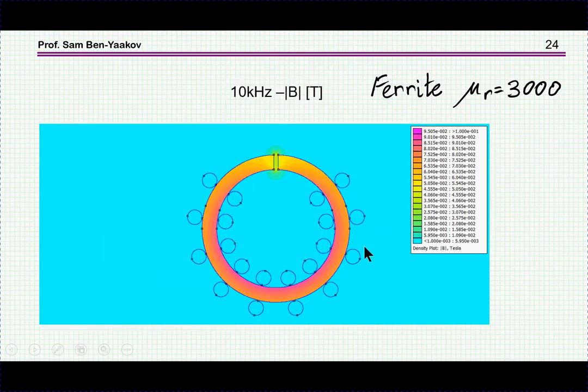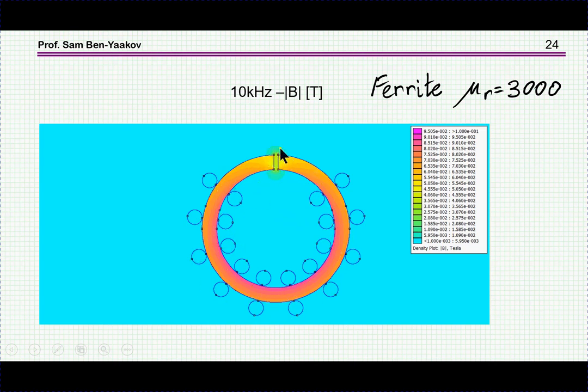Now we see here the magnetic flux density B, again for the same case, and it should have been a constant B, because the magnetic flux is supposed to be the same lines here.